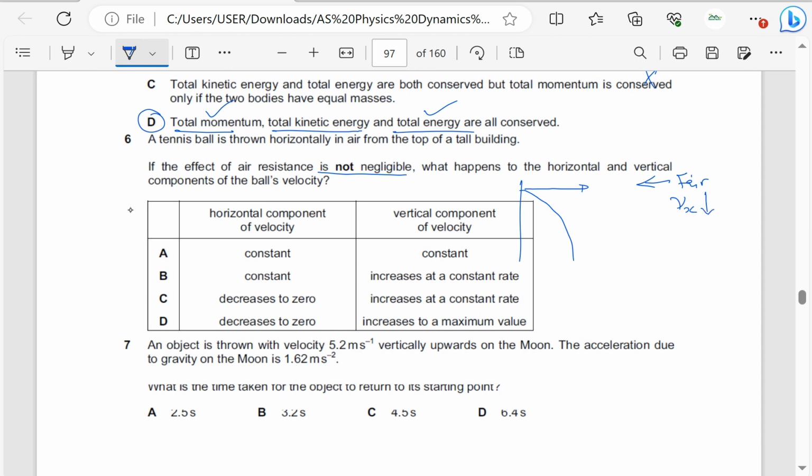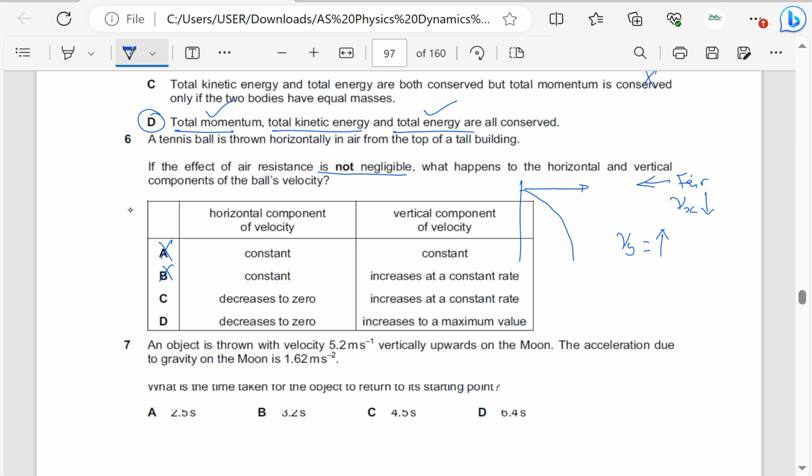And if it is falling vertically down, of course it was thrown horizontally. So air resistance will reduce the velocity component in the horizontal. So we ignore A and B. The velocity in the horizontal decreases. But as it is falling, the velocity in the vertical is going to be increasing because there's an acceleration.